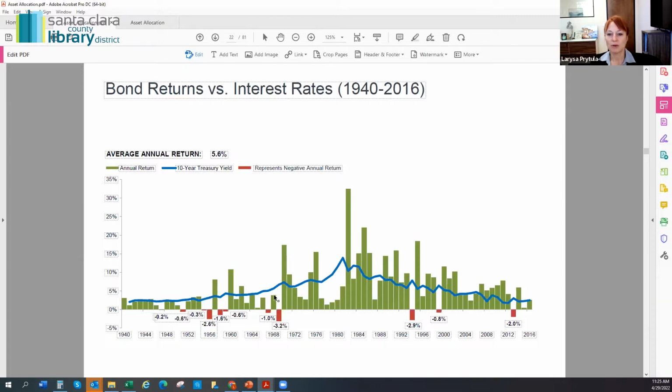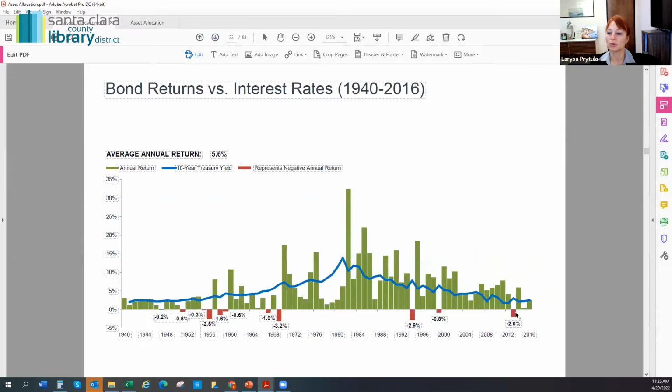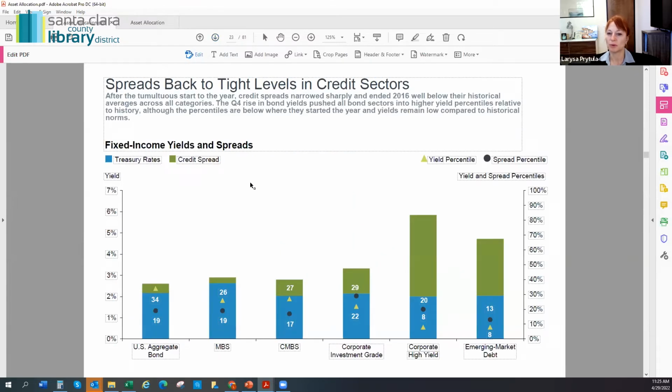We see annual return, we see the yield, and we see the returns. The majority, I would say 75% of the time, bonds produce a positive return, and there are only a few times they don't. This slide shows that year to date we will most likely have a negative return on bonds. How much is hard to say, but I think it's going to be a couple percentage points negative for 2022.